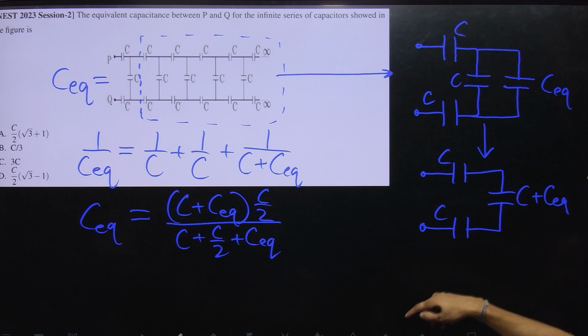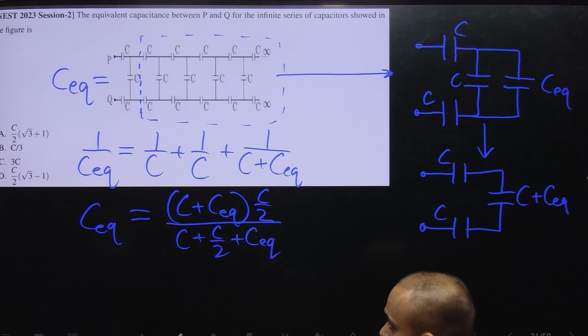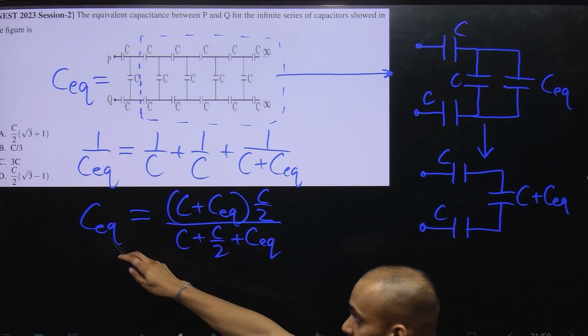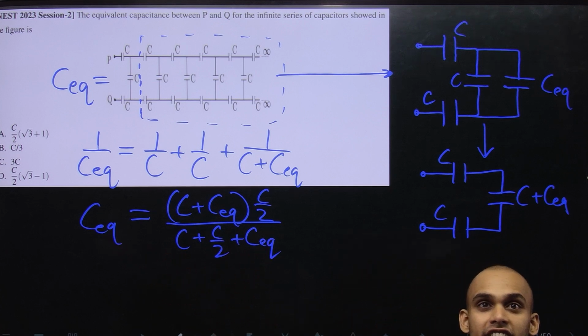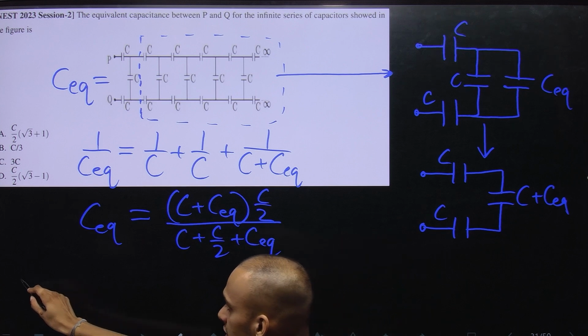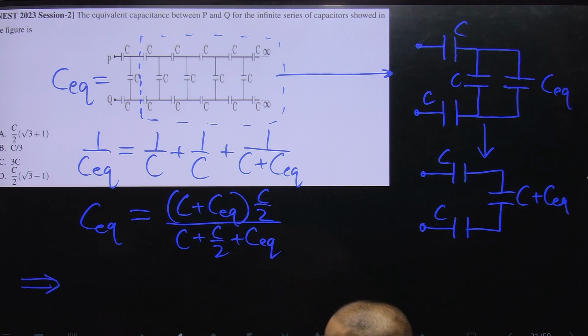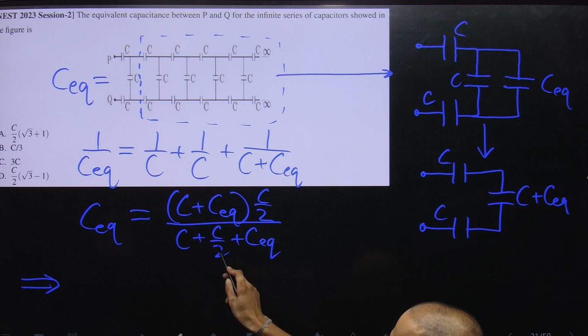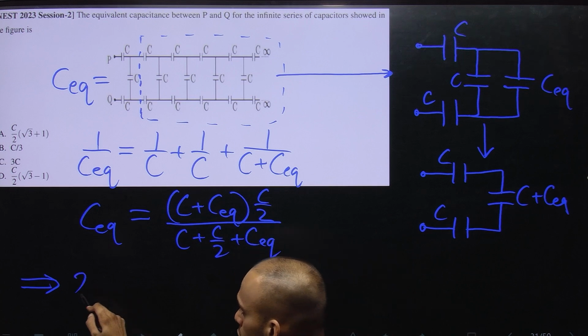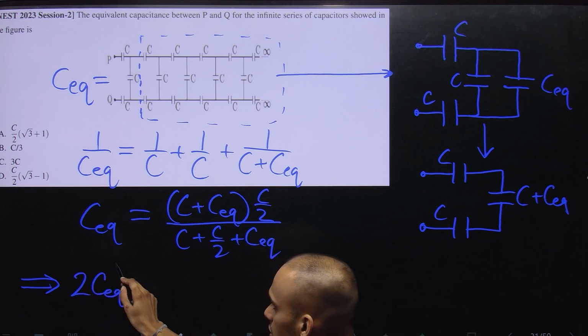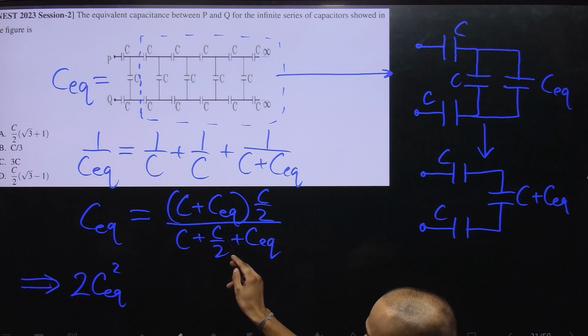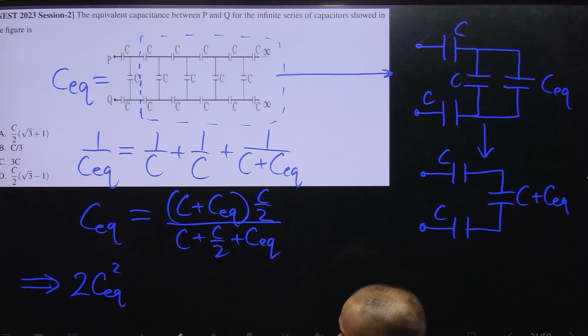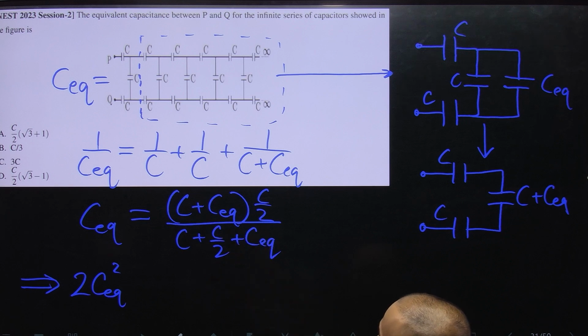Now, if you simplify this expression, we know that we need a C equivalent square in the denominator by multiplying these two. So we should get a quadratic equation. Let's see what kind of a quadratic equation we get. C equivalent we multiply by 2. So 2 into C equivalent square. We will also get 3 into C equivalent plus 1 into C equivalent.